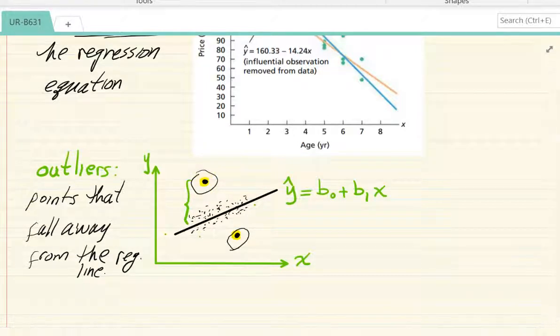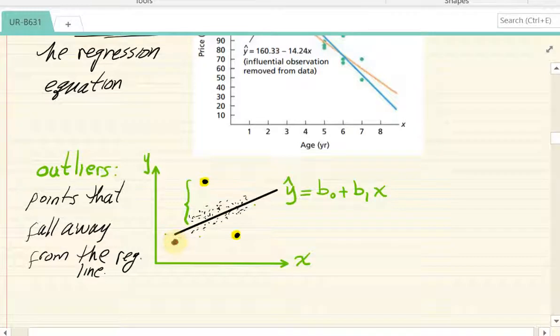These are away from the regression line. They're not alongside of it. A point that is alongside of it would be here. That's alongside of it. That means it's an extension of that regression line. You see that? This would be alongside of it. So outliers, they don't lie alongside. They lie in a vertical distance.